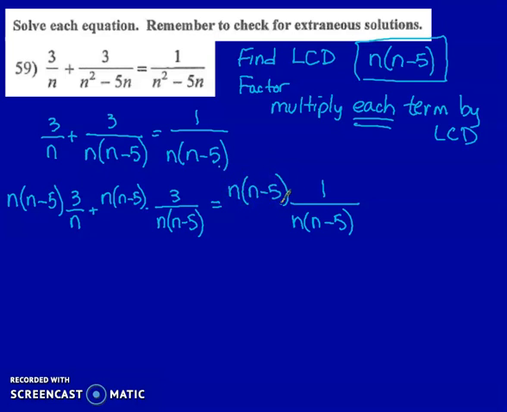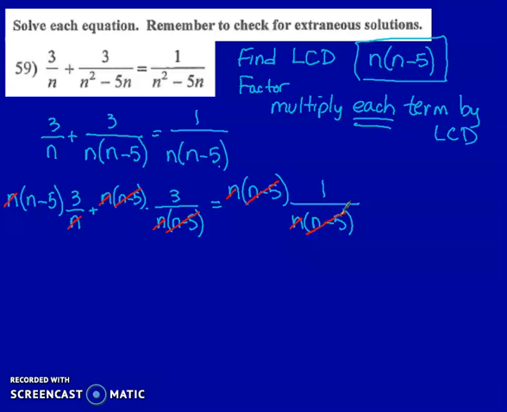All right. Now we're going to simplify. Everywhere we see a matching factor in the numerator and denominator, we can call that a 1. I see an n divided by n. That's a 1. I see an n minus 5 over n minus 5.